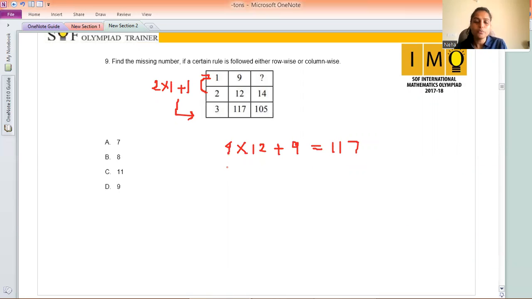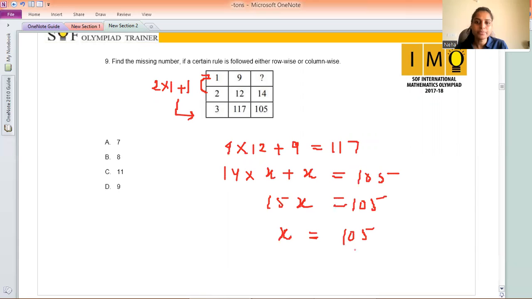So which number should I multiply here? Let 14 into x plus x, then I should get 105. So 14x plus x, that means 15x. 15x is equals to 105, or I can say x is equals to 105 upon 15. That means 7. 7 is your correct answer, students.